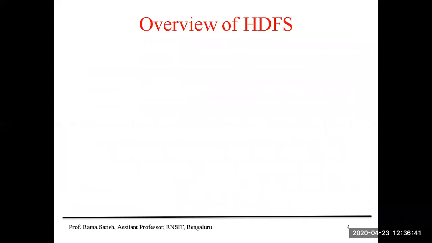So first of all, let us start with HDFS. We know very well it is a distributed file system, Hadoop distributed file system. Why a distributed file system? Because of only one reason: we need to handle big data.